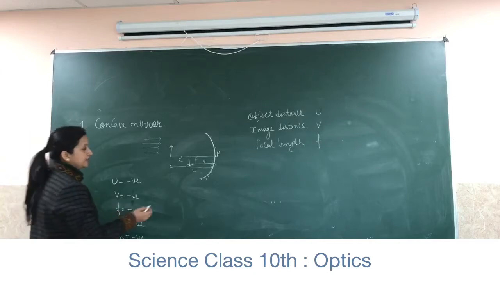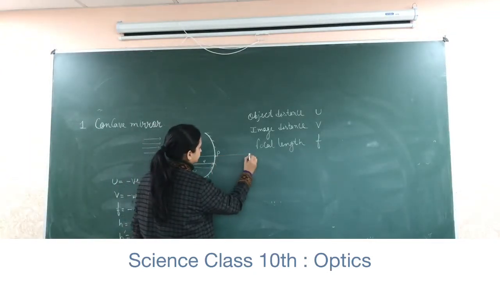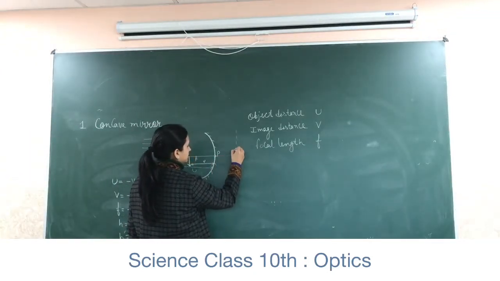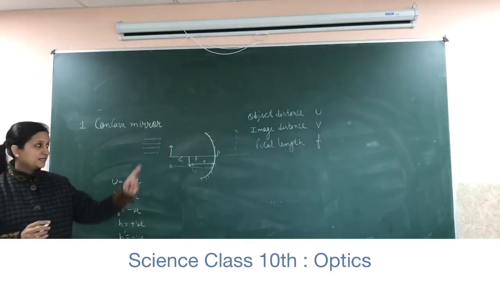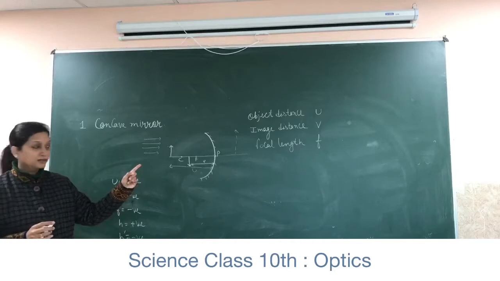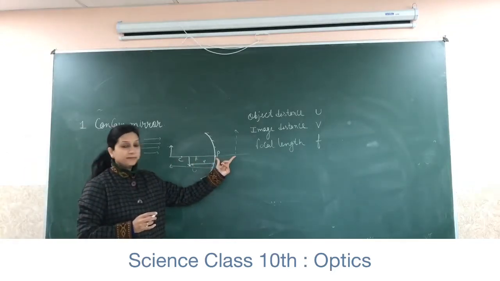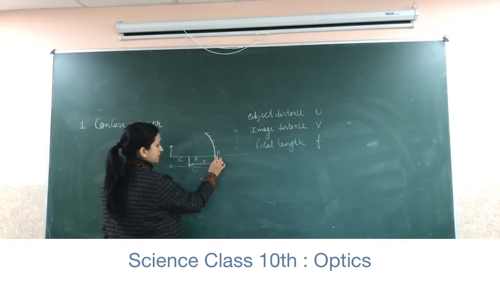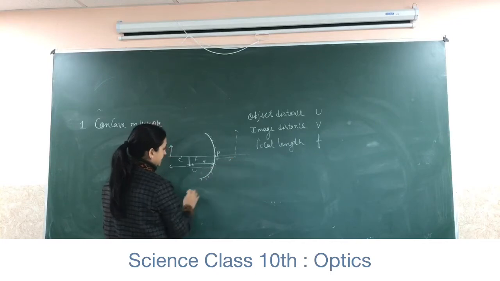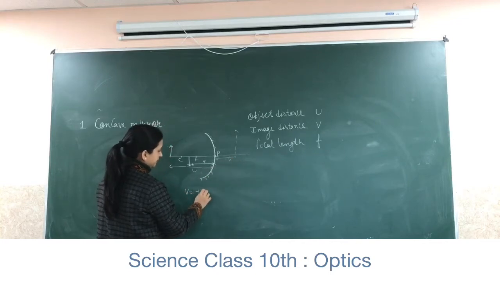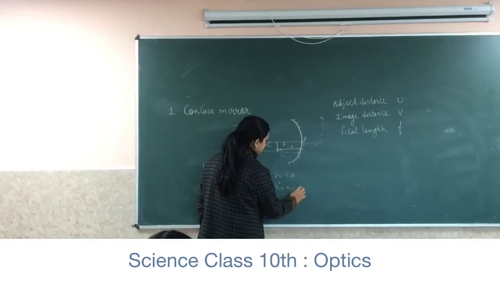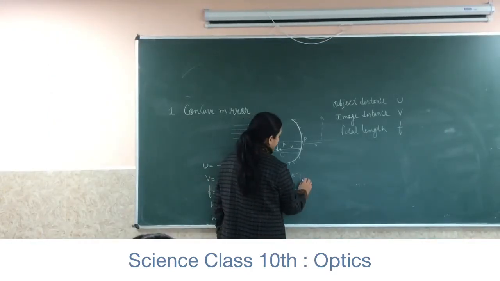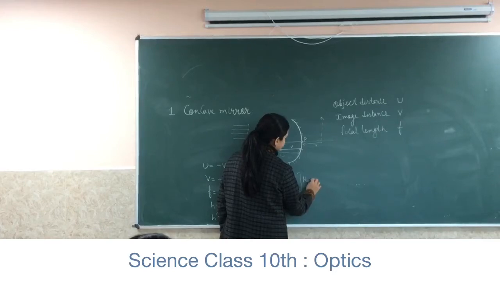So when the image is here, like this, in the exceptional case, what will be the image distance? This will be v. In that case, v is positive and height will also be positive. So this is for the magnified image.